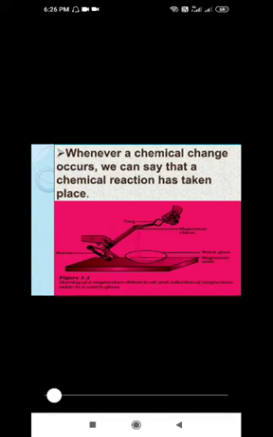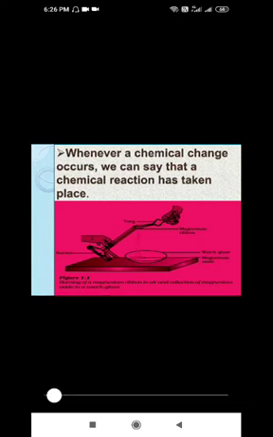So whenever a chemical change occurs, we can say that a chemical reaction has taken place. Here in the figure, you can see this experiment has been done since very long. When you were in sixth or seventh standard, we did this activity and this experiment, right? What is it exactly?